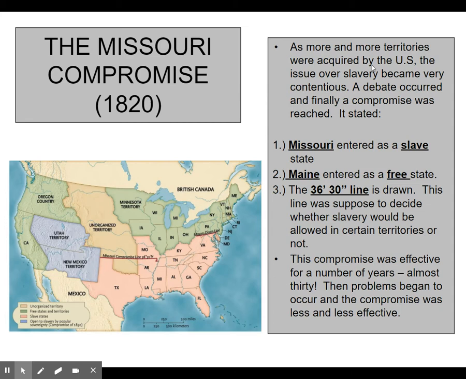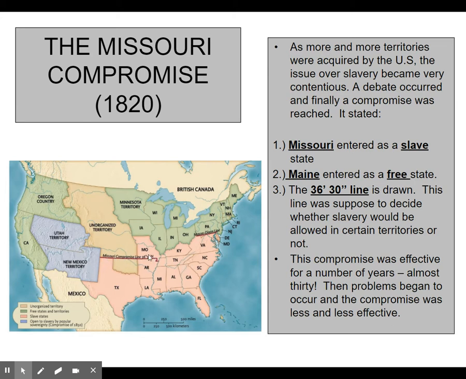Well, the northern states that are anti-slavery are up in arms because that upsets the balance between the number of states that are pro-slavery and the number that are anti-slavery. And so to balance this, Maine enters as a free state. In addition, the Missouri Compromise draws the 36°30′ line.